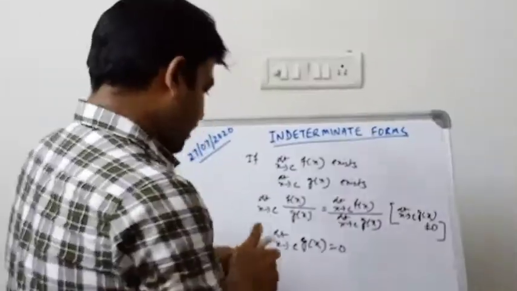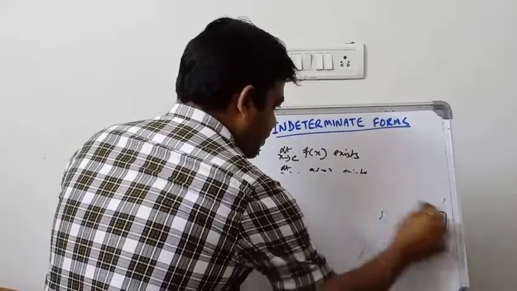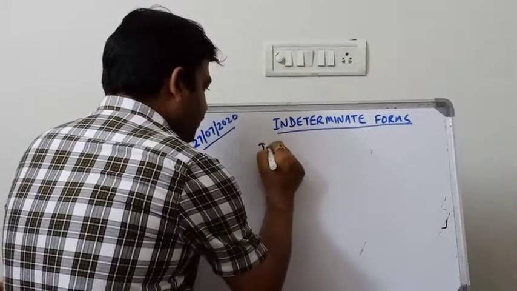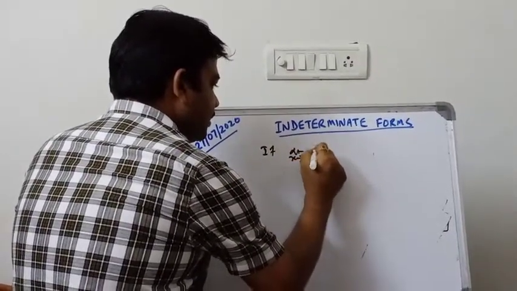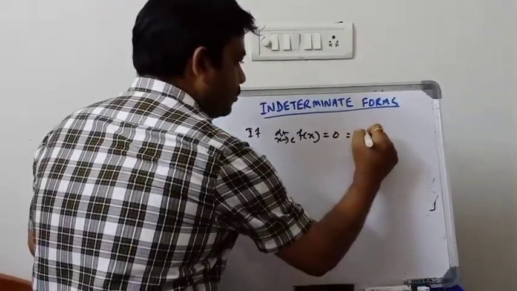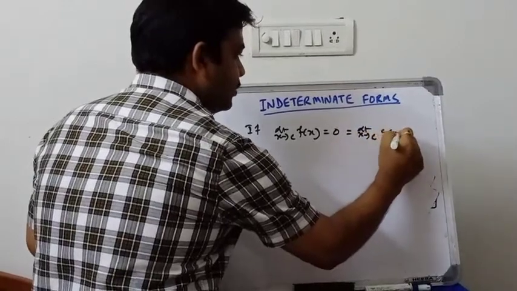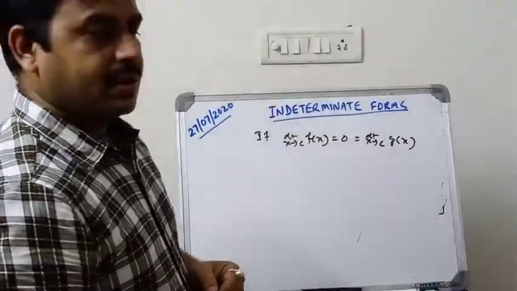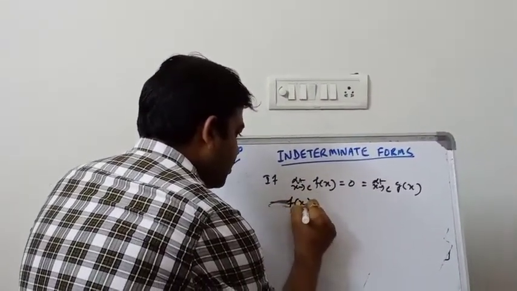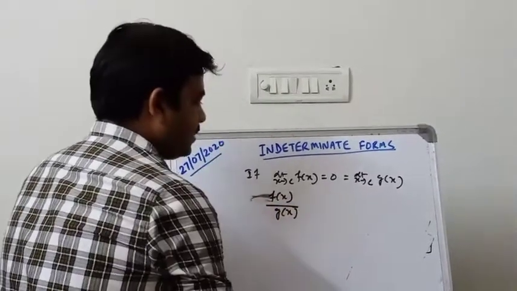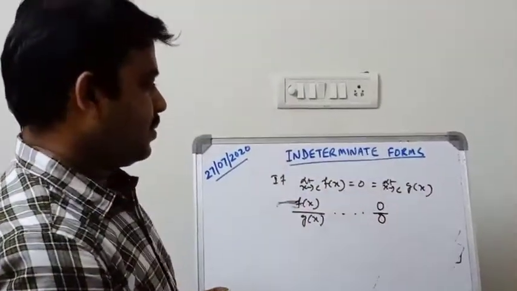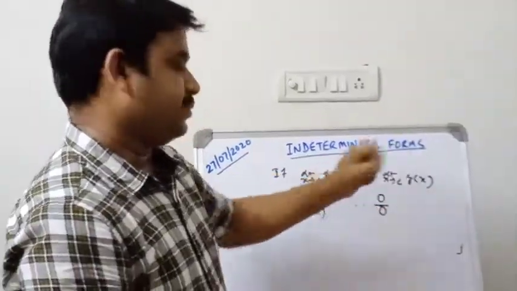Suppose limit x tends to c, f of x equals 0 equals limit x tends to c, g of x, then f of x by g of x we assume as the form 0 by 0, that is indeterminate form.